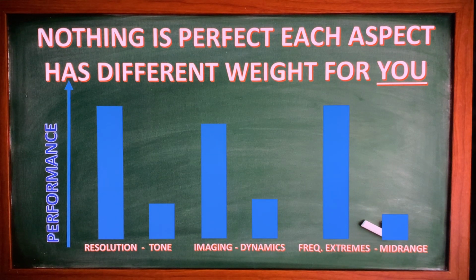This is about the performance of audio gear, and maybe you have wondered about this, but performance parameters come in pairs, and they work in a way against each other.